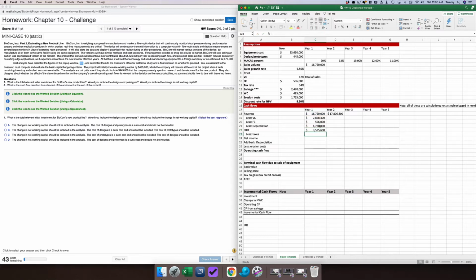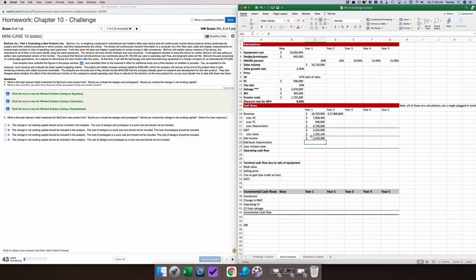And then we'll tax that: 34% absolute times EBIT. That'll give us our net income, which is EBIT less taxes.